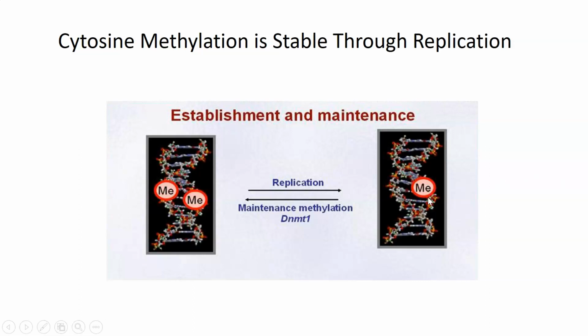DNA polymerases don't incorporate methylated nucleotides, so the cytosine in the new strand will be unmethylated. However, right after replication, there is an enzyme called DNMT1, which will immediately methylate the newly incorporated product strand. So right after S phase replication, there is immediate methylation of the new strand. So methylation is conserved through replication.